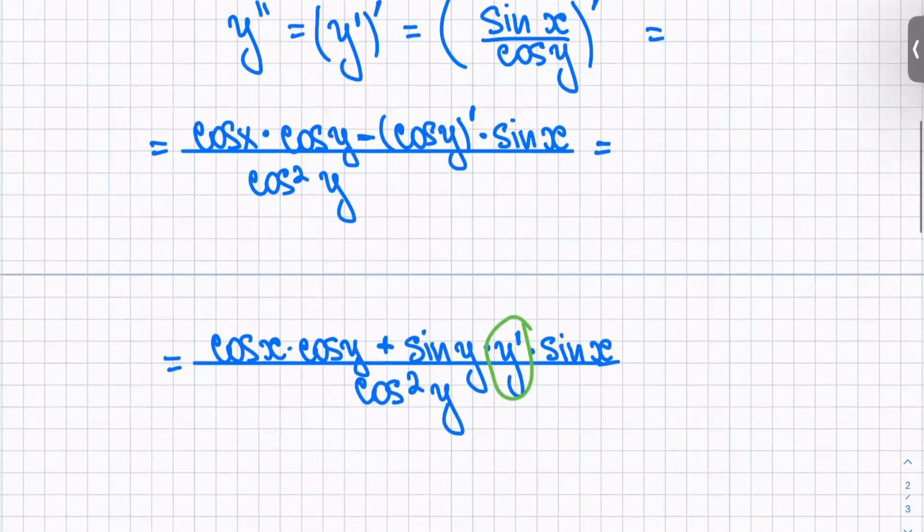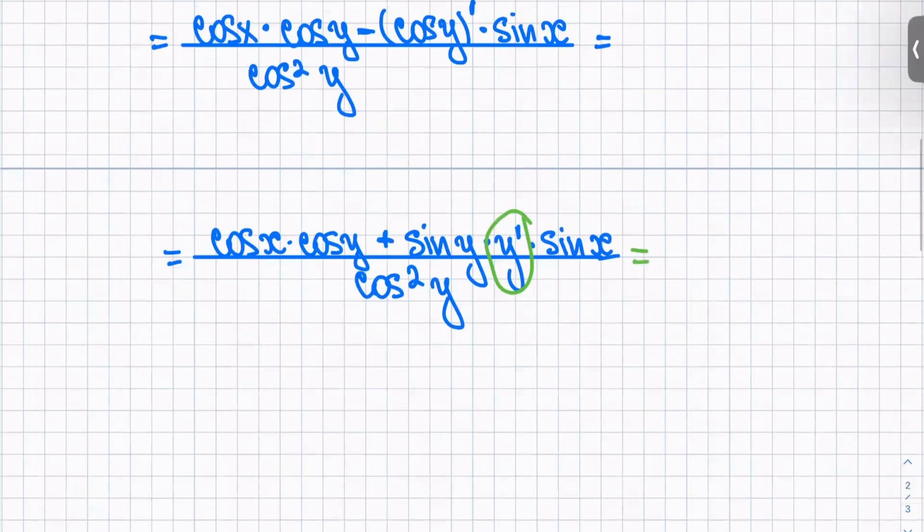Because how do we want to find y double prime? We want to have here in the right-hand side the expression that will depend only on x and y, and there will be no y prime or y double prime. There will be just y and x. So in that case, we will just substitute the expression for y prime.